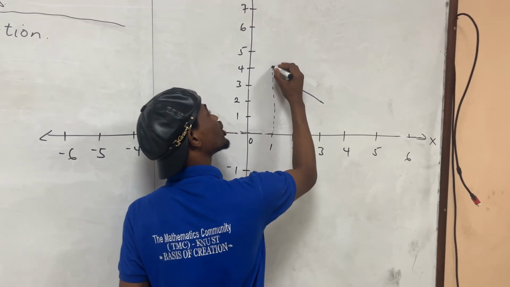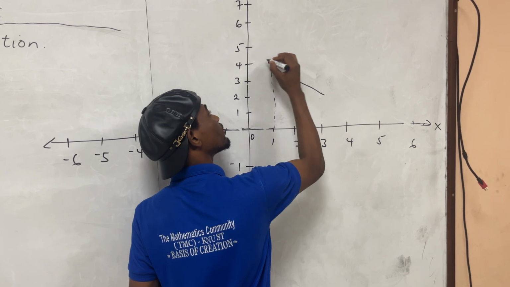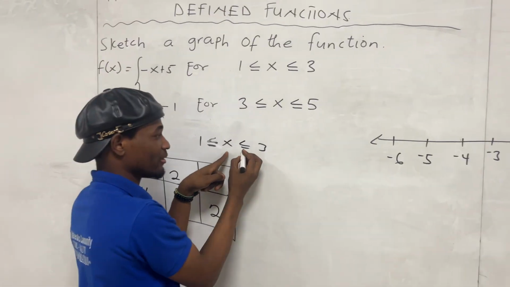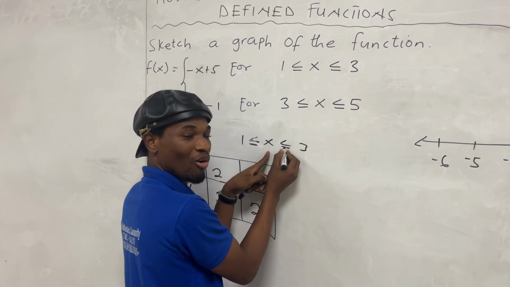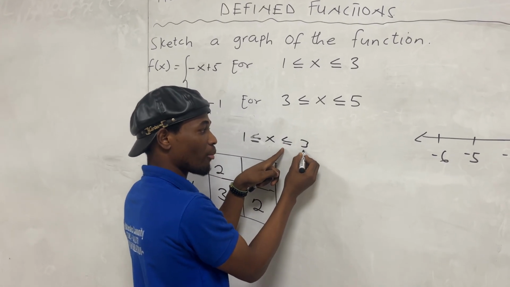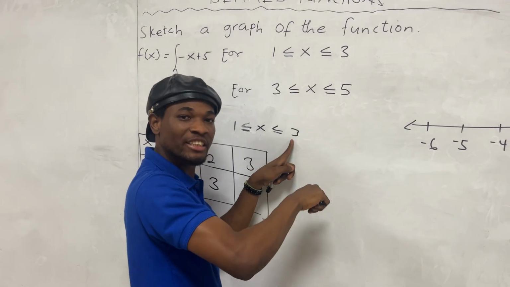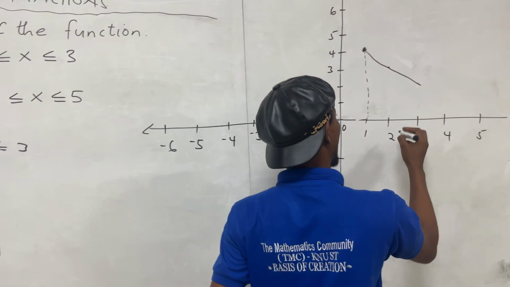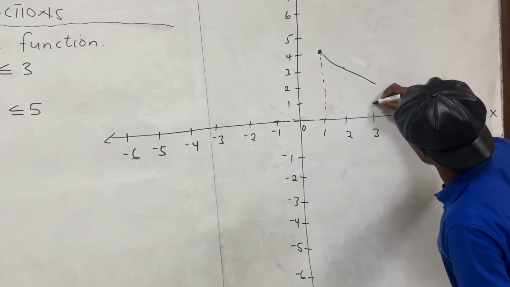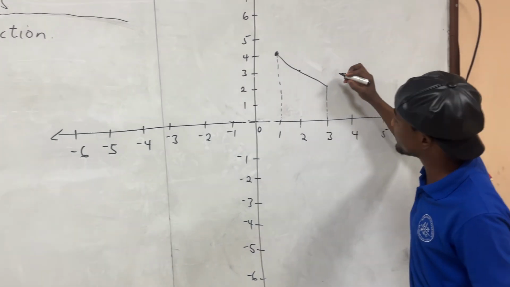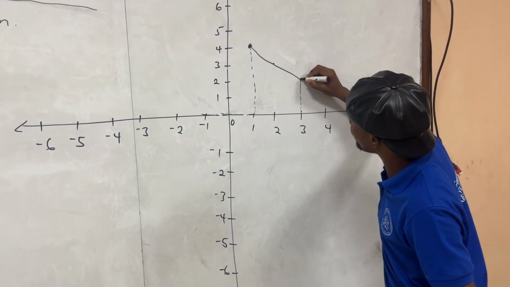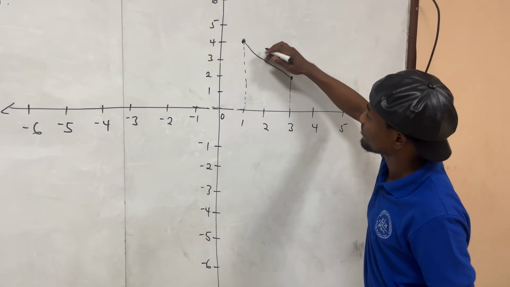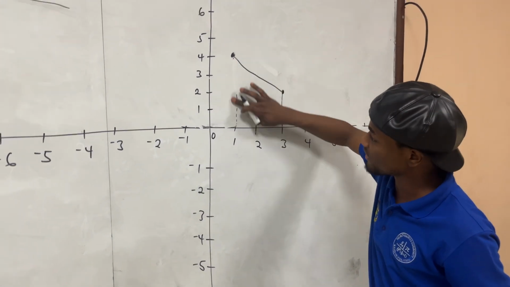So that means I'm going to shade here. Then 1 up to 3. And because of the presence of this bar over here, I'm going to also shade the other end point. So here I have 3 over here, which means this is the end point. So I'll shade this side. As simple as that.